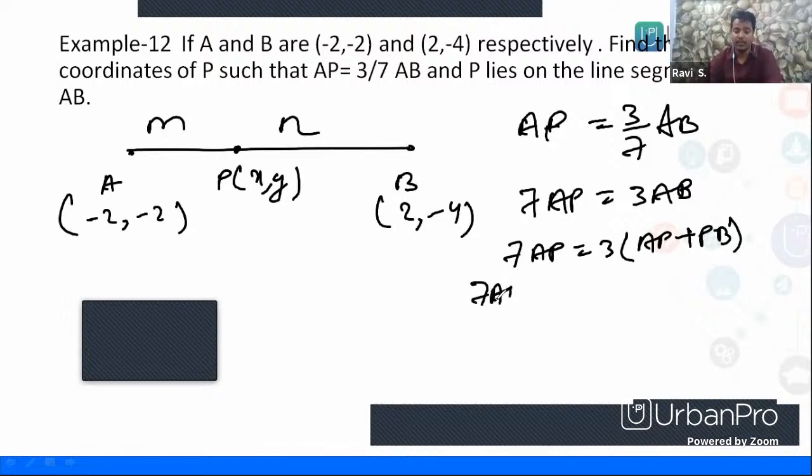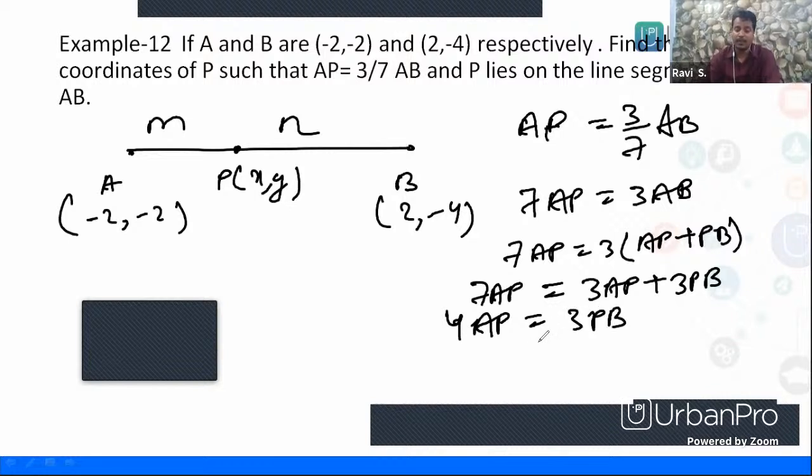So this will become 7 AP equals 3 AP plus 3 PB. We need to multiply this 3 with both of these. If I take it from RHS to LHS, it will become 4 AP, and here it still remains the same, 3 PB. So finally, AP by PB, you will get 3 by 4.